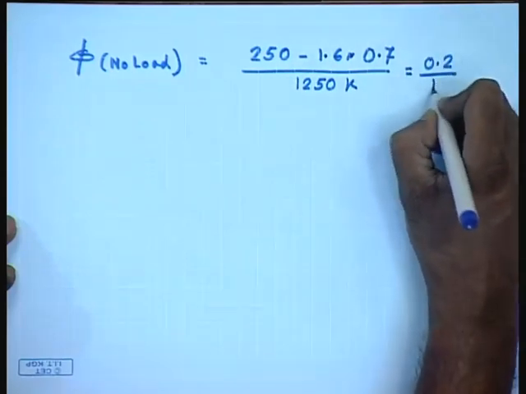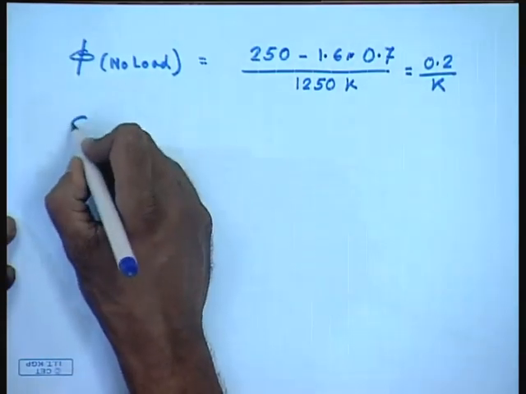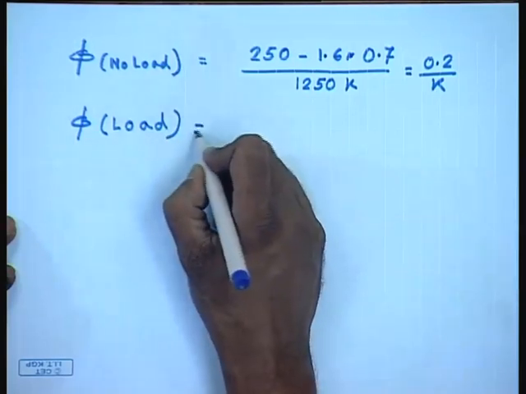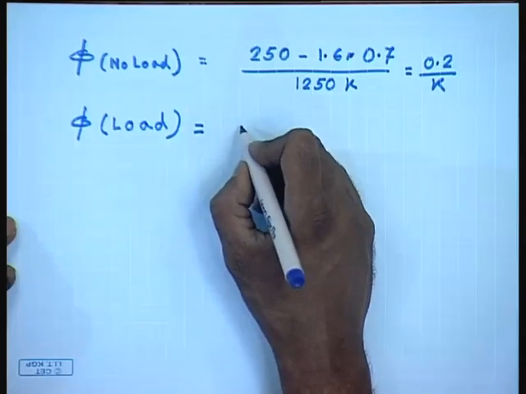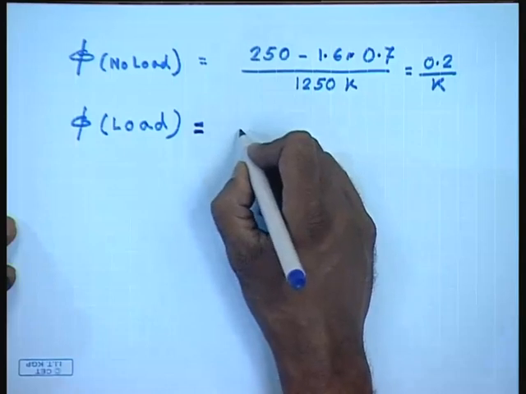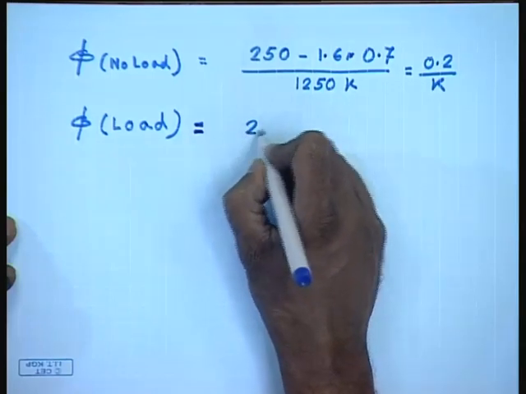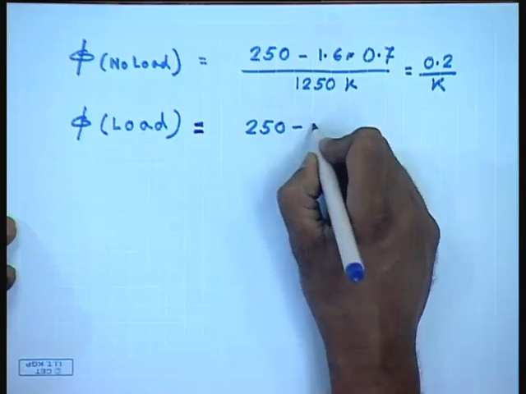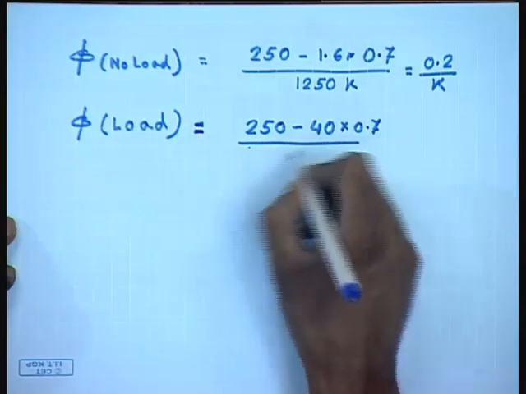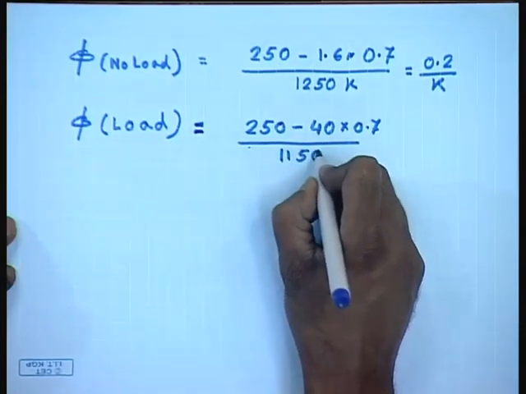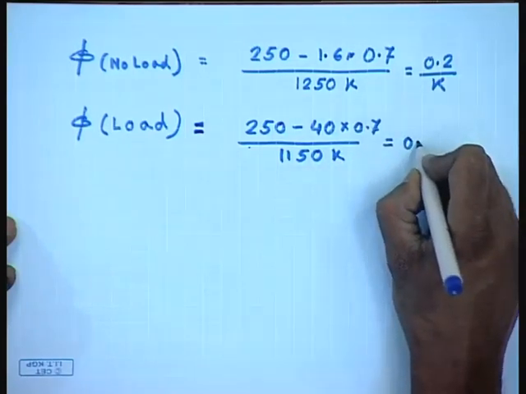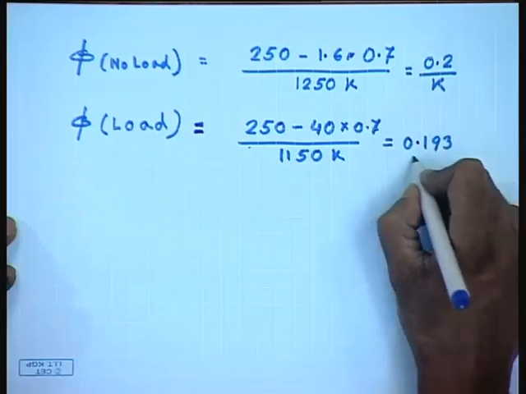So, this was equal to 0.2 by k, and phi on load becomes 250 minus 40 into 0.7 by 1150 k. So, this is equal to 0.193 by k.